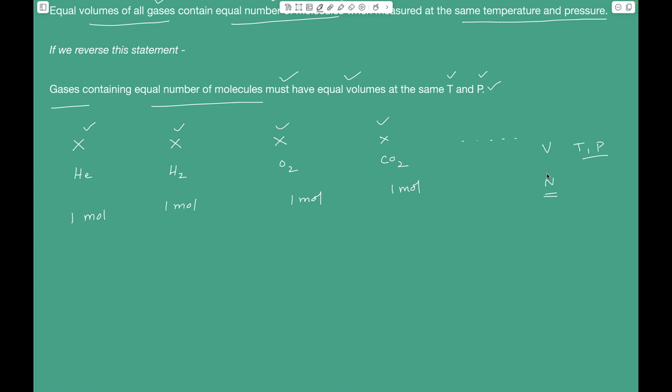Each of these gases has an Avogadro's number of particles. Because they all have the same number of particles, they must all have the same volume when measured at the same temperature and pressure, right? That is what this statement says. If the number of molecules are same, then their volumes must be same when measured at the same temperature and pressure.